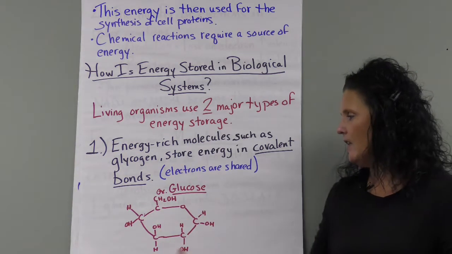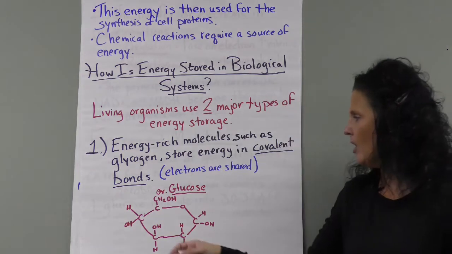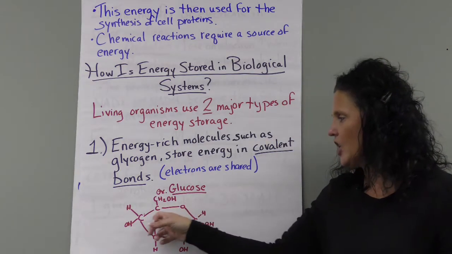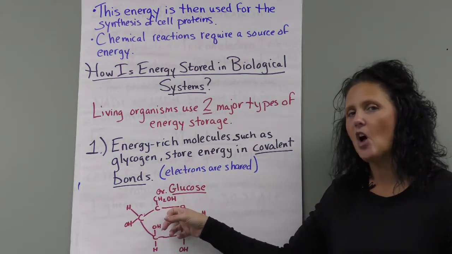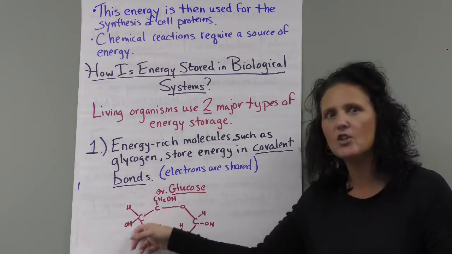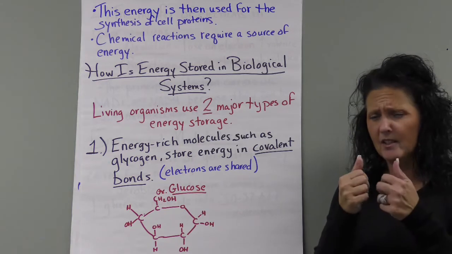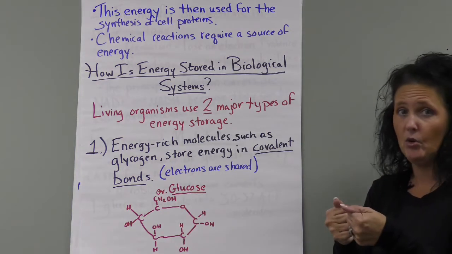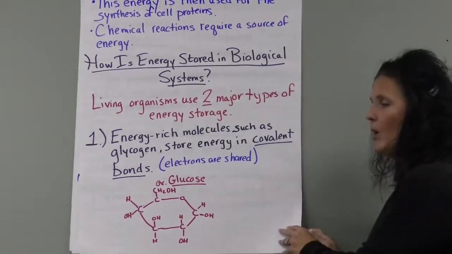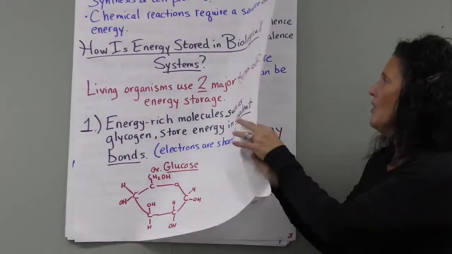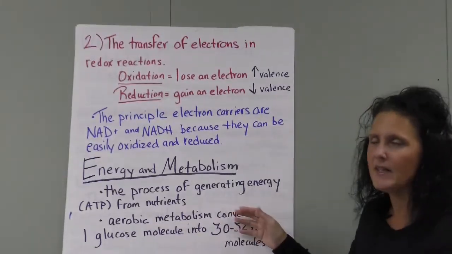You can look at it in this form or straight up and down, it doesn't matter. This carbon is sharing electrons with this oxygen, and in turn that carbon, and in turn this carbon, right? So there's a lot of energy stored in those molecules, in those covalent bonds. And we break those to get energy within our body or within any living systems.